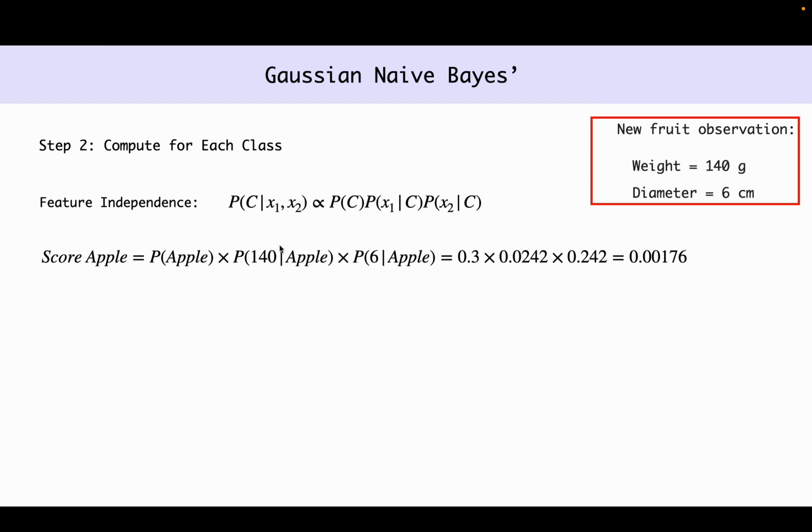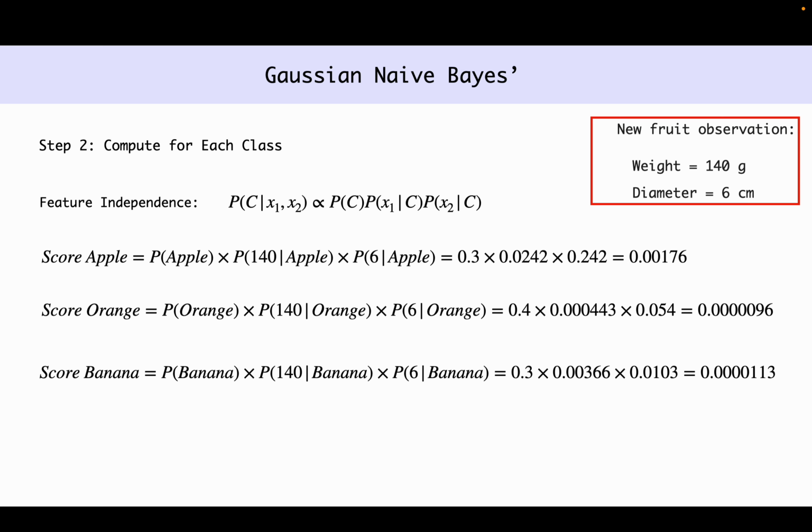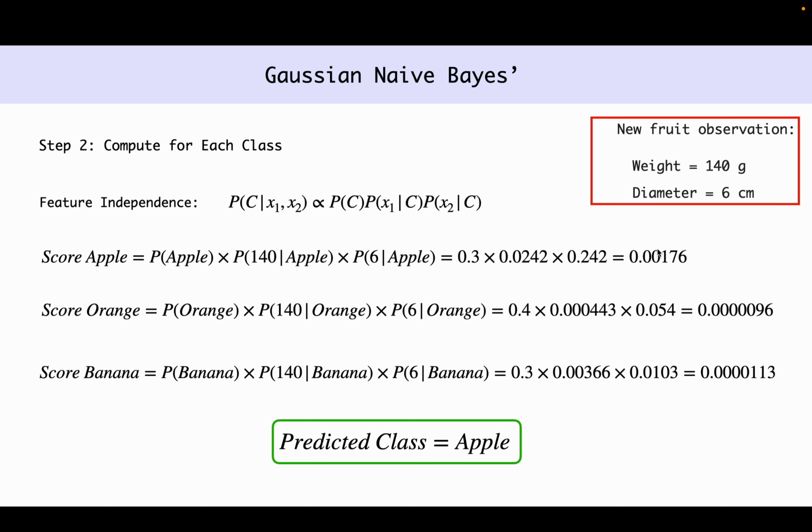We know that this is a Gaussian distribution and its parameters, mean and variance, are known, so using the tables we compute these values. In the same way we compute it for orange and for banana. Out of these three, we can clearly see that apple has the highest posterior score, and therefore we classify the new fruit as apple. So the predicted class is apple.